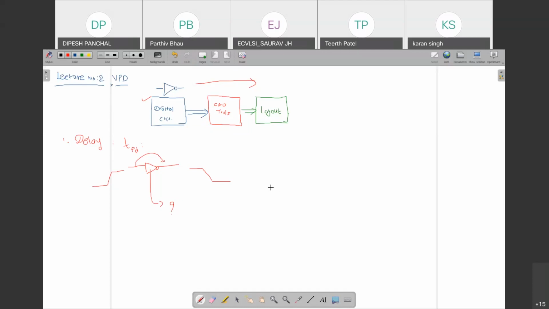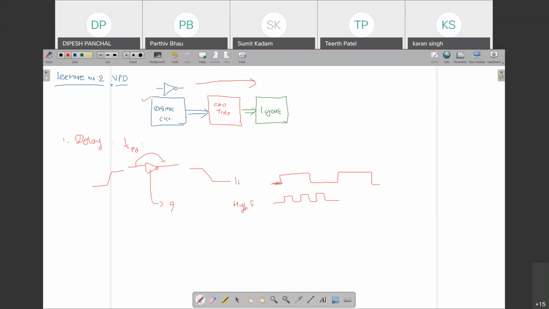So let me sketch two square waves. Which signal is the high frequency signal, the first one or second? Second one. The second one is the high frequency signal.